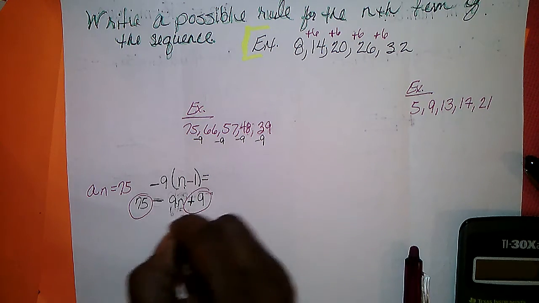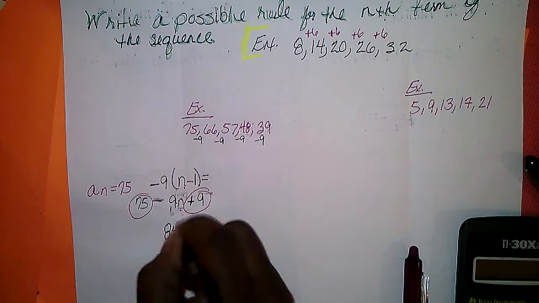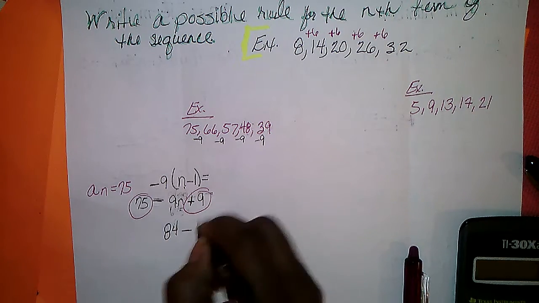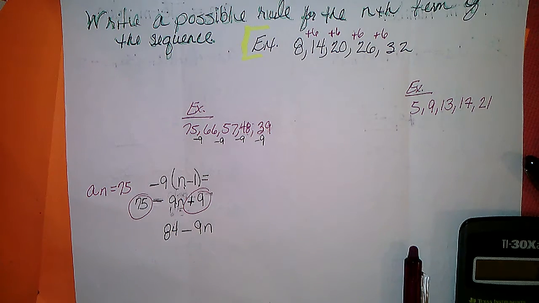Negative 9 times negative 1 is positive 9, so 75 plus 9 is 84. Now that makes more sense. And then we bring down our negative 9n. Once we simplify, our rule is 84 minus 9n.